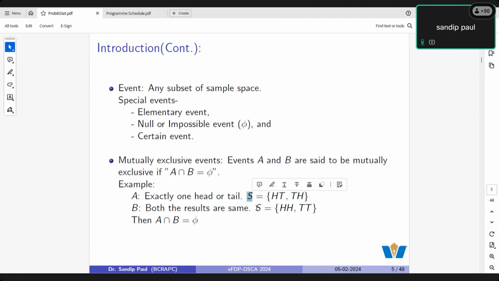These two sets can be named differently, A and B. So suppose this is the set A, HT and TH, and the second set B is both results are the same, so HH and TT. We can see these two events have no common outcome. That means they are disjoint.